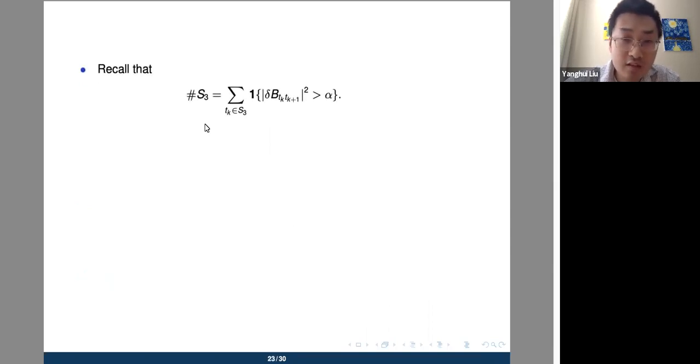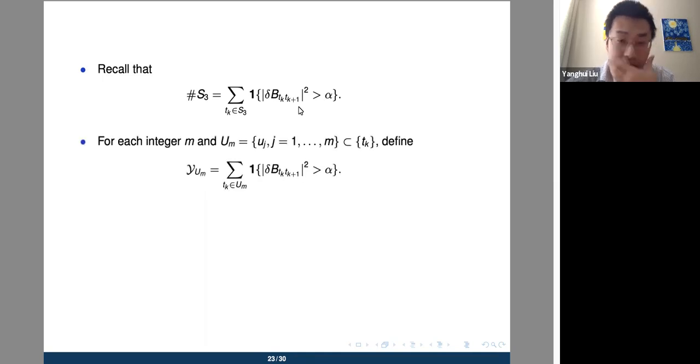Let's recall that the cardinality of S3 is equal to the summation of the indicator functions. Now, let us fix a constant integer m, and we define a subset of the partition, which we denote by Um. Let's define Y_Um, which is very similar to S3, except that t_k belongs to Um.